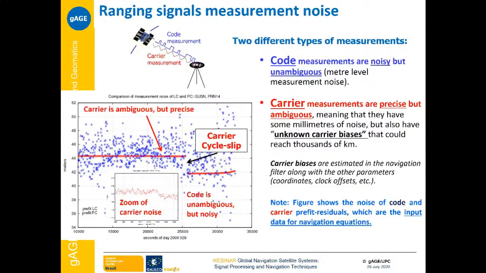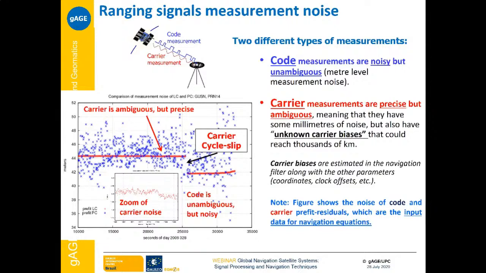The previous techniques were based on code measurements or smoothed codes. The techniques that I'm going to present are based on carrier phase measurements, and using carrier phase, we can achieve the highest accuracy in the positioning.